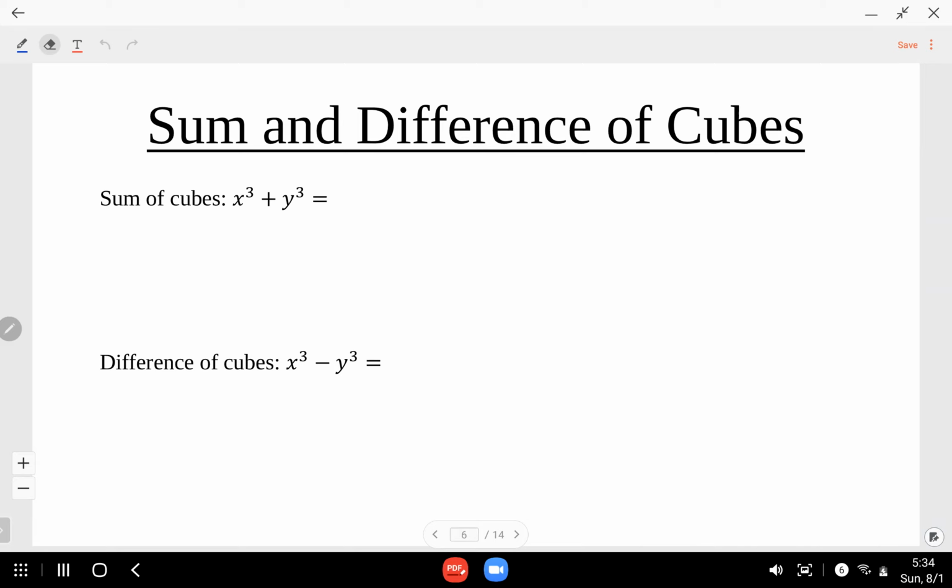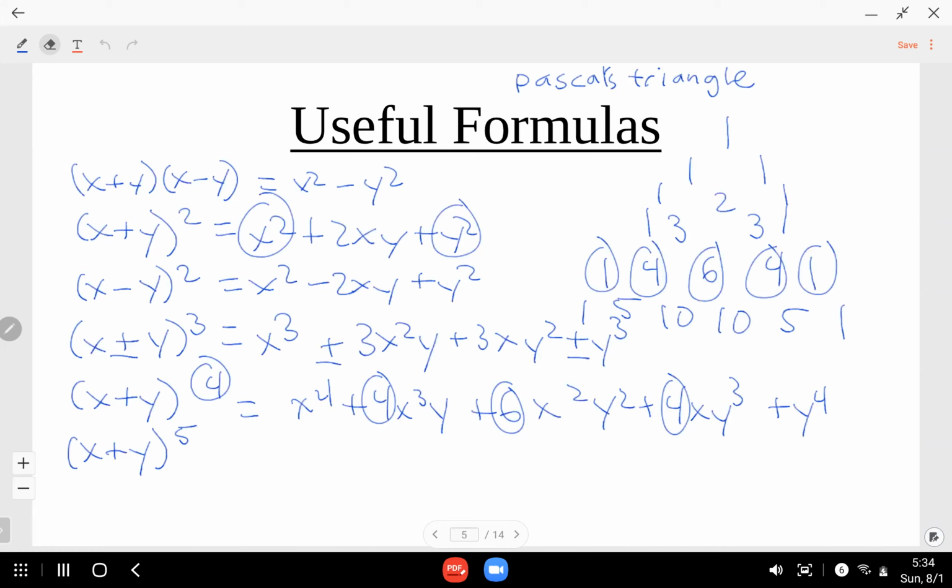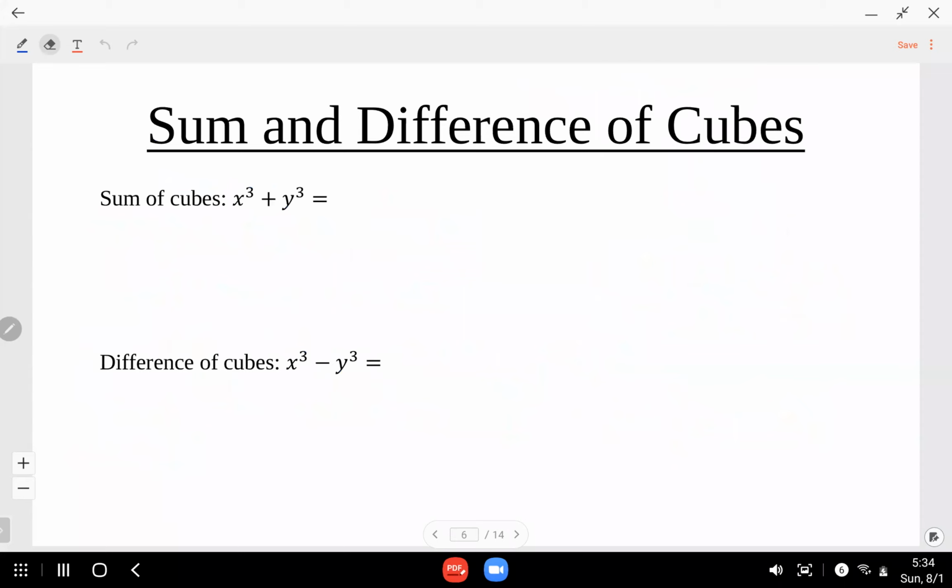I hope everybody is taking notes so far. If you need me to stop so you can take notes, feel free to put that in the chat. But now I'm going to move on to sum and difference of cubes.